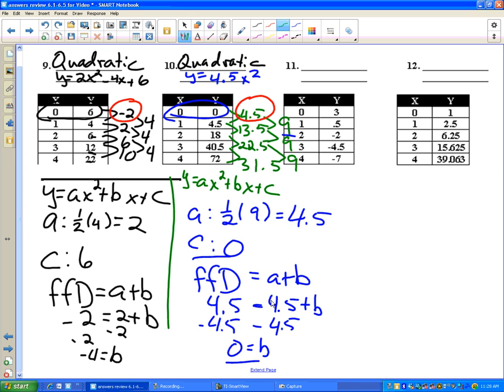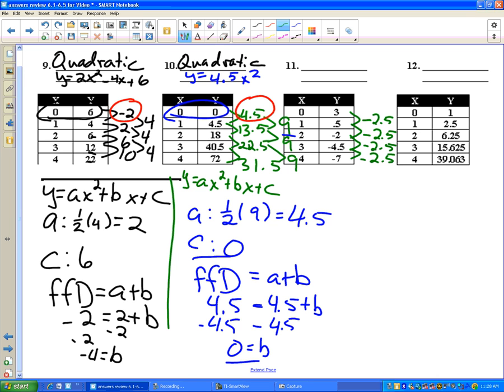All right, let's try number 11. 0.5 minus 3 is negative 2.5. Negative 2 minus 0.5 is negative 2.5. Negative 4.5 minus negative 2 is negative 2.5. Negative 7 minus negative 4.5 is negative 2.5.